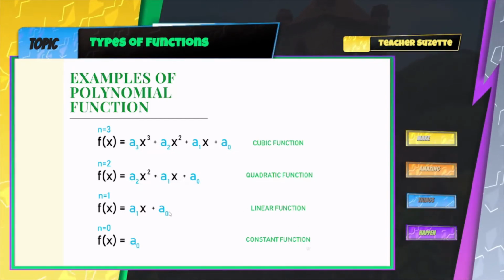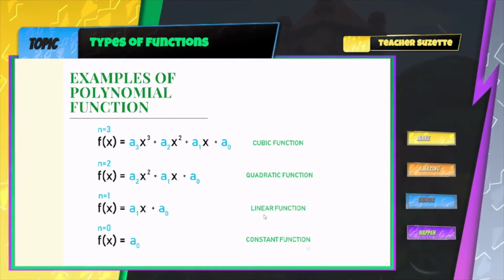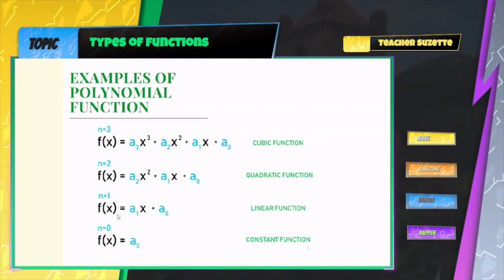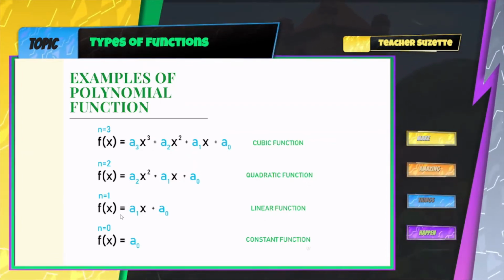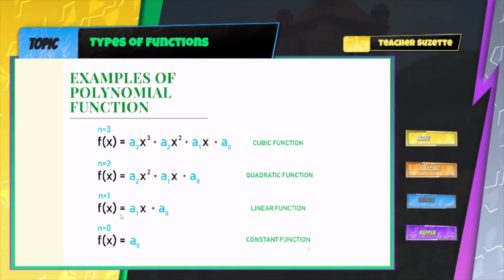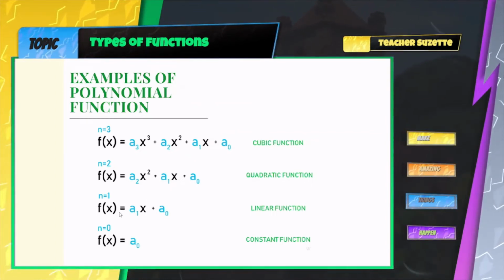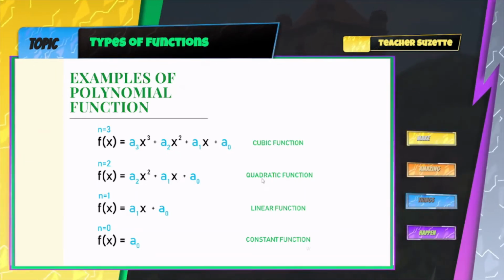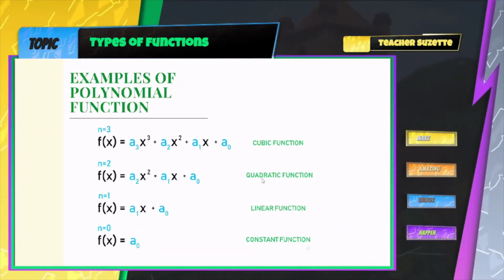So, we have here the linear function. You encountered this when you were in junior high school. This is a polynomial function wherein the highest degree of your variable is equal to 1. Likewise, we have the quadratic function.